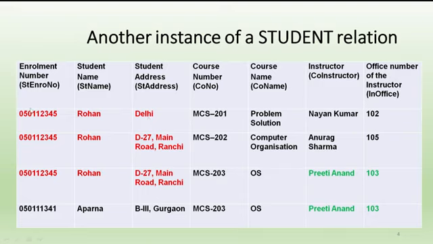Obviously this whole tuple will be deleted, and the information that MCS 201, the name of this course is problem solution, being taught by an instructor, Nayan Kumar, who sits in room 102, this complete information will also get deleted. It no longer exists in the table. So this is a deletion anomaly.